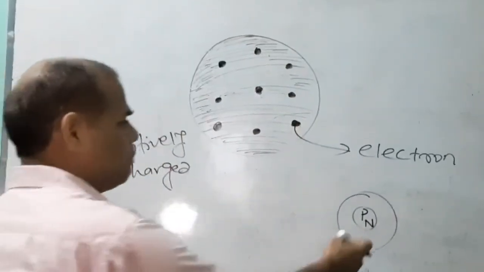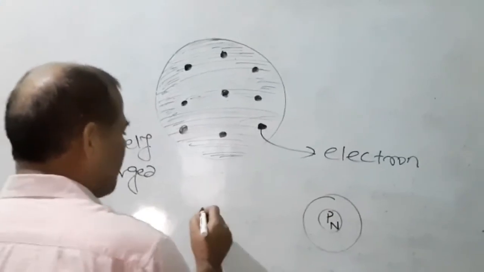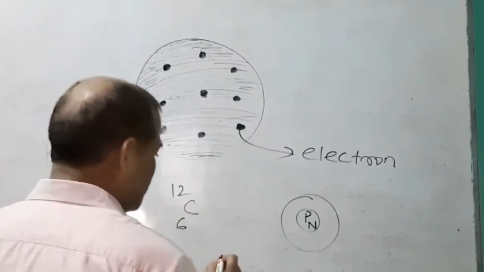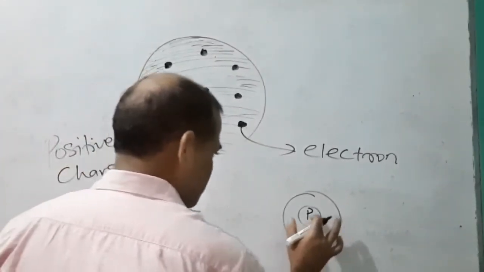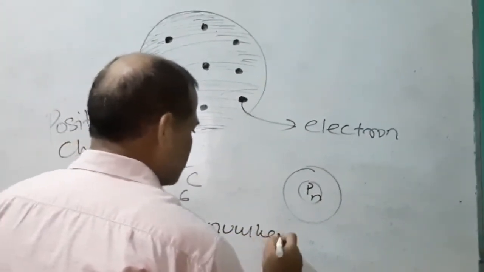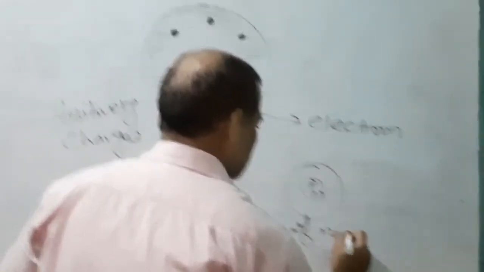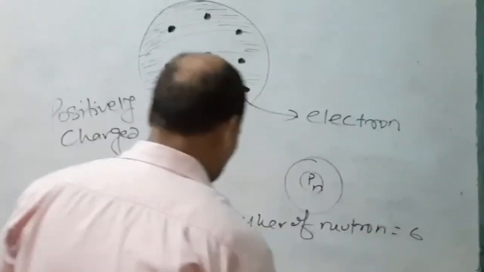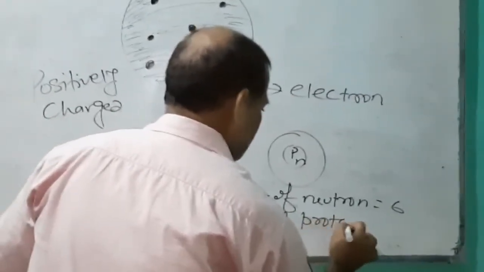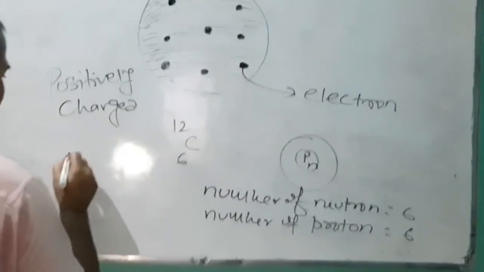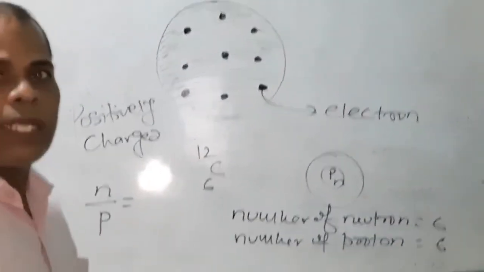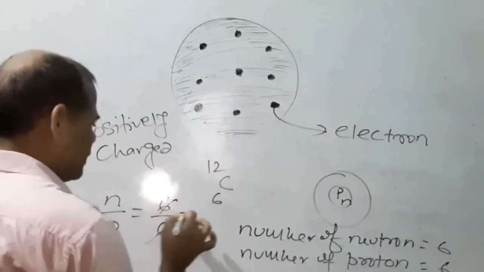For example, if you talk about carbon, 6C12, the number of neutrons equals 6 and the number of protons is 6. So the n by p ratio is 6 by 6, that is 1.